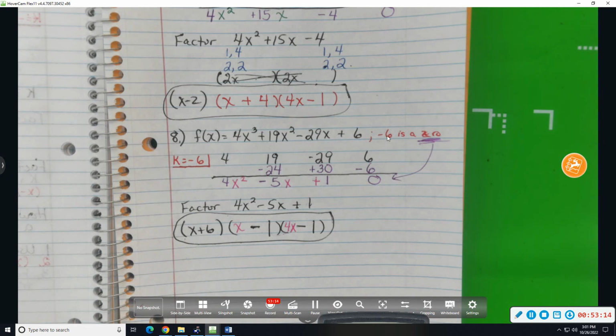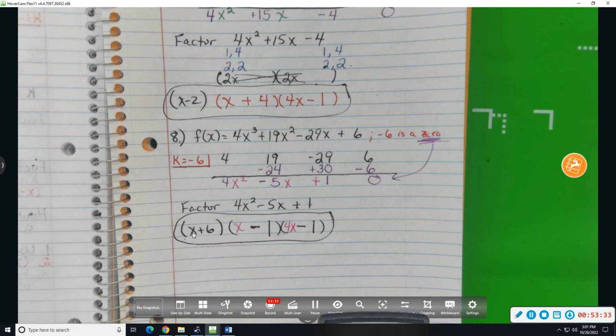Provided you know a 0, you can start using synthetic division. From the 0, you get one of the factors. Use synthetic division to get something that you can factor by trial and error using the factoring methods that we saw at the beginning of the semester.